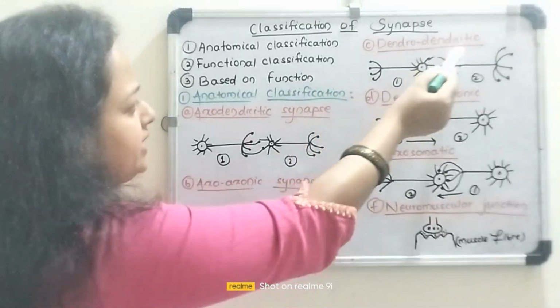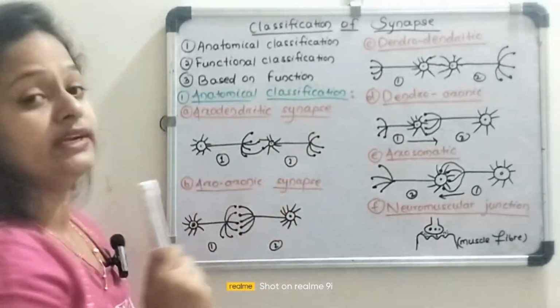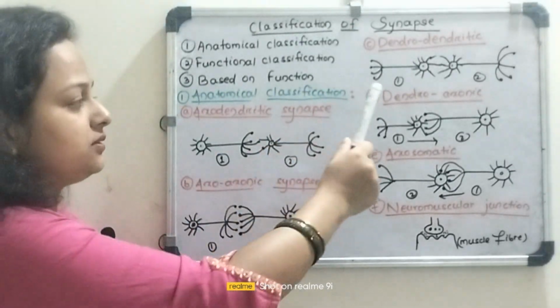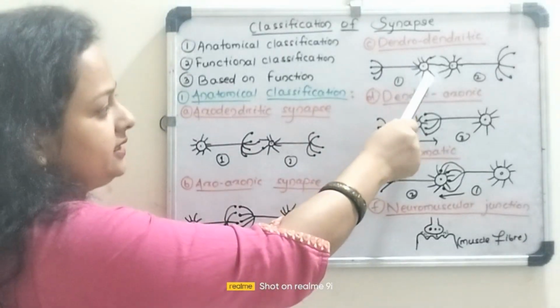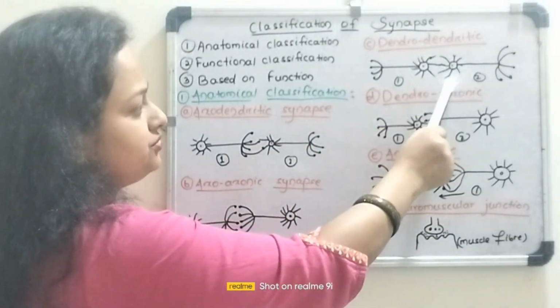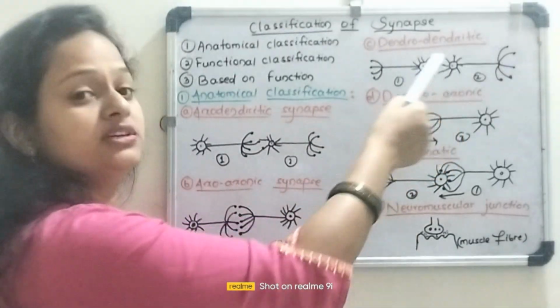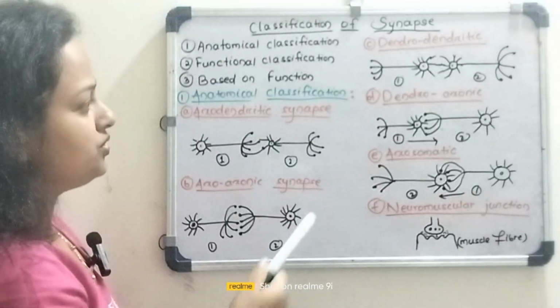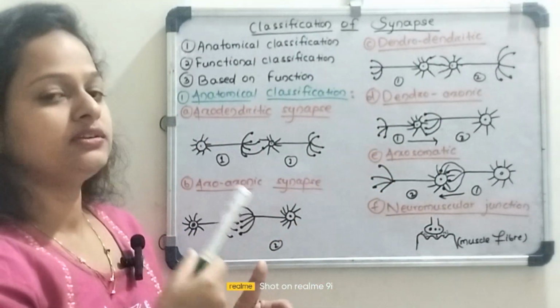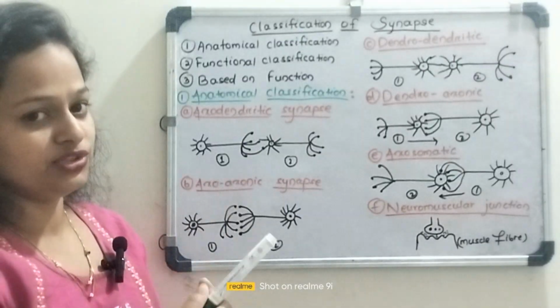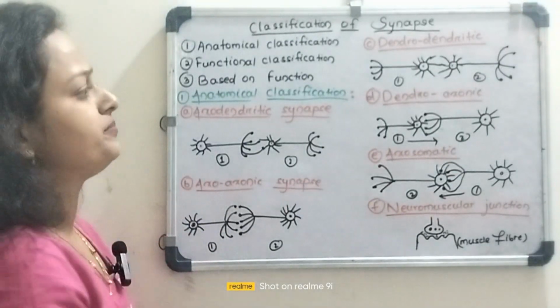Then the dendrodendritic synapse. In dendrodendritic synapse, the dendrite of one neuron sends impulse to the dendrite of the next neuron. So, in this way, from the dendrite of one neuron, the impulse transmits to the dendrite of the second neuron.